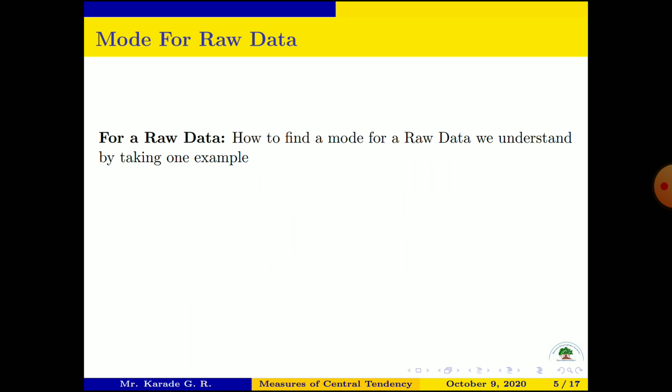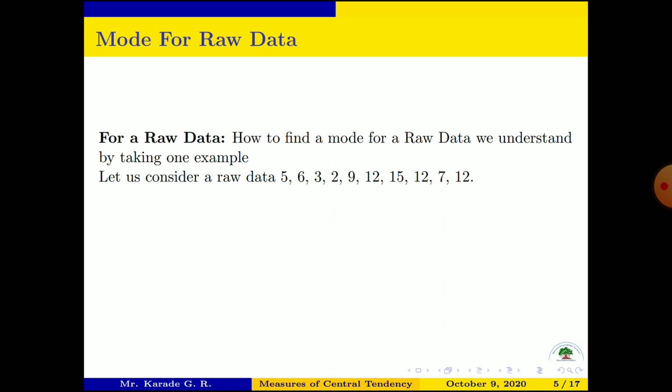We understand by taking one example. Let us consider a raw data consisting of numbers 5, 6, 3, 2, 9, 12, 15, 12, 7, 12. So we have to find the mode of this data. So what is our first step?